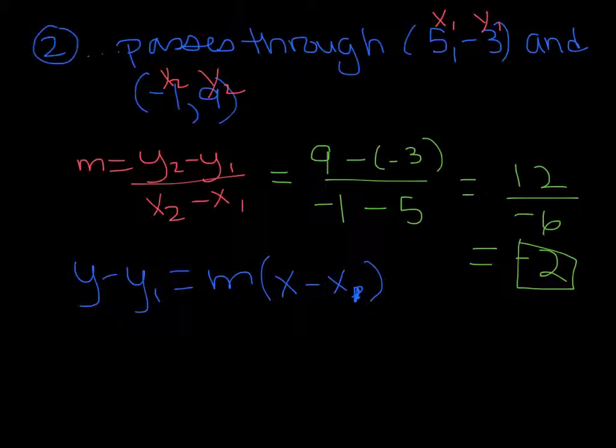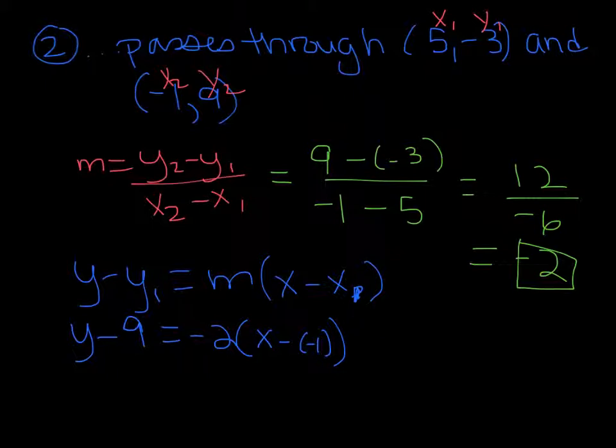And even though I've listed 5, negative 3 as x1 and y1, I can still use the negative 1, 9. It doesn't really matter. It's up to you. So I'm going to put in my negative 1, 9. I get y minus 9 equals my slope, my m that I just found, negative 2 times x minus negative 1.